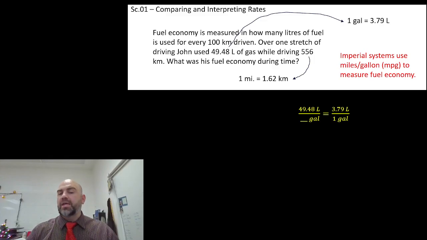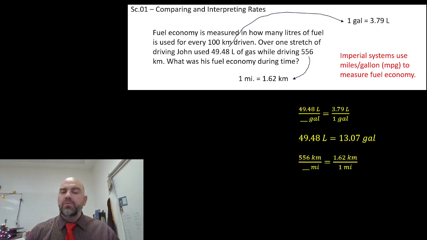All right, we're going to change the number of liters to gallons, so we set up our ratios and solve that. We have 13.07 gallons of fuel used, and then we figure out how many miles we have, and that is 343.21 miles. And again, I try to keep a number of decimal places in order to get as accurate an answer as possible.